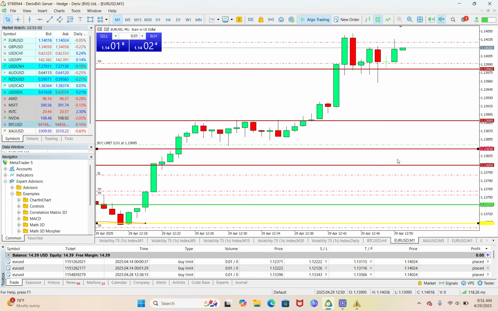When the New York Stock Exchange opens, there should be a lot of liquidity in the market because all those Wall Street traders are going to be on the trading floor, trading all the currency pairs.